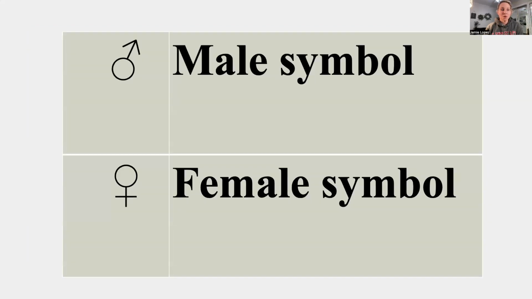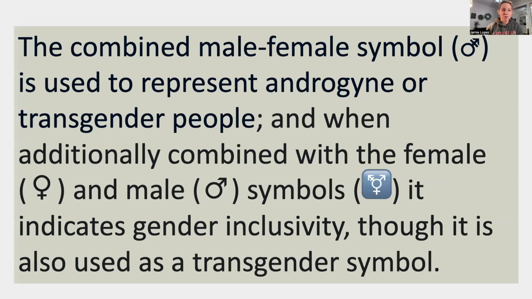Here are the symbols for male and female. If you're just writing something in shorthand and you write it like this, then it's sort of internationally known that that is male versus female. I looked up what it would be if there were other qualifications for the gender.